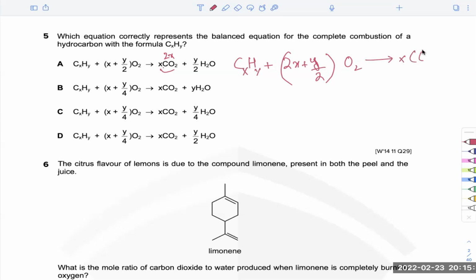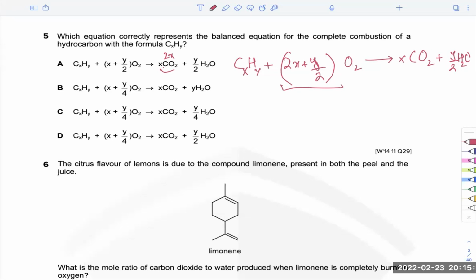So x carbon dioxide plus y by 2 water. That's the general equation. But which of these works for us? Let's see. If you're not getting 2x plus y by 2, you could be getting some multiple of that.